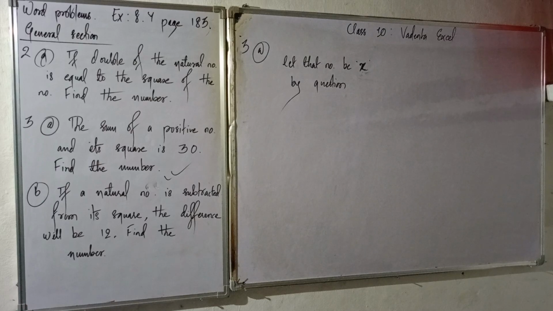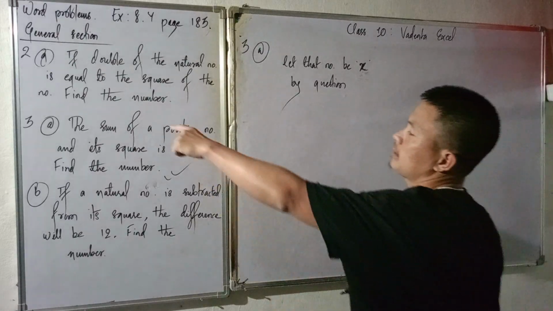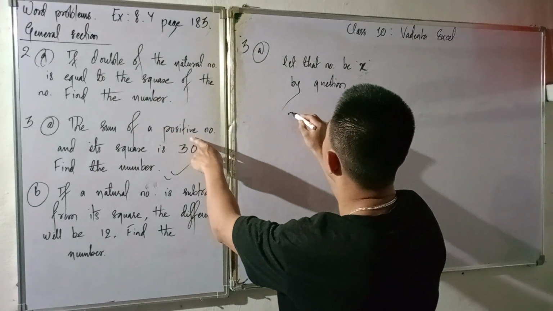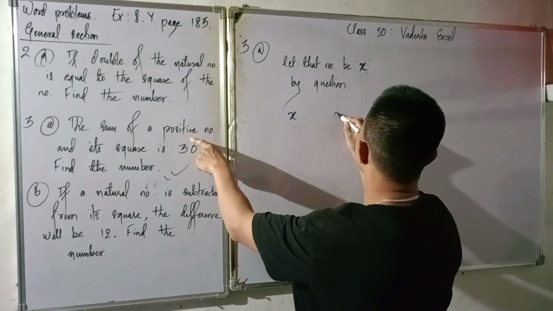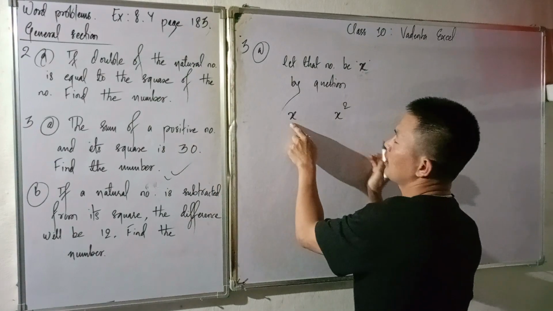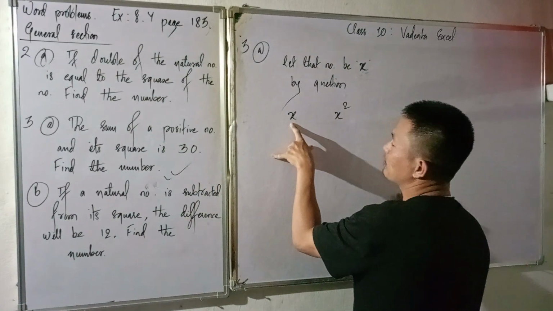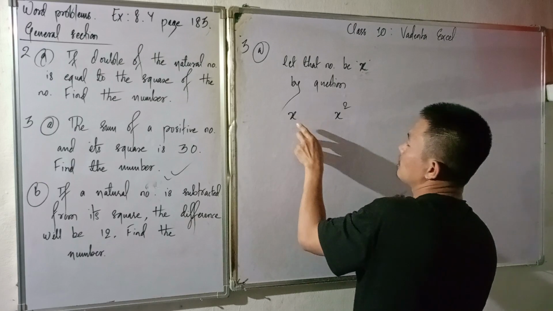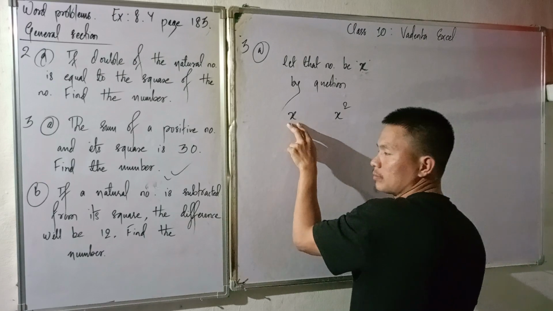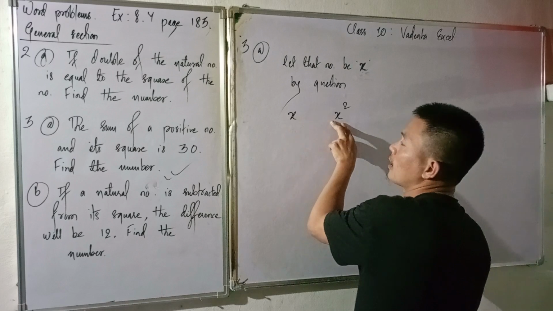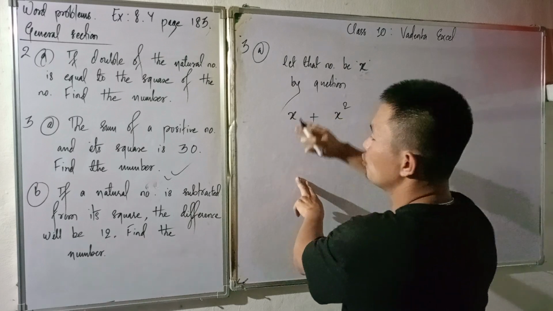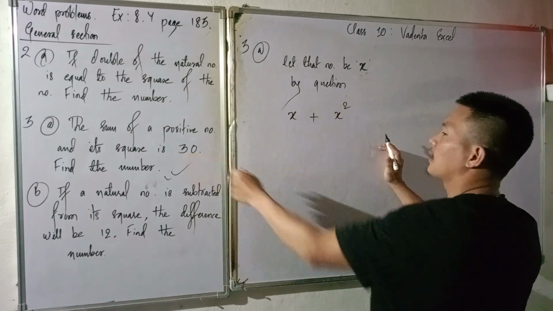By that condition, the equation we have to make is the sum of the positive number and the square of that number. x is the number we have supposed, and the sum of these two, the number and its square, will be 30.